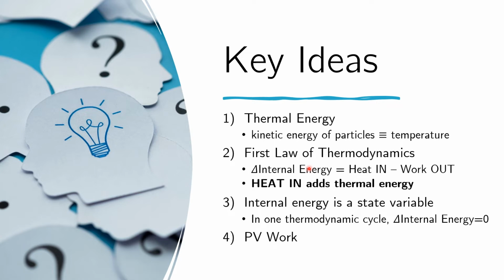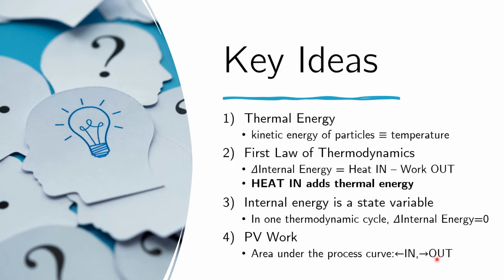And lastly, we'll have to think about PV work because we have a work term here, and that is known to be the area under the process curve. So if you have a process that goes from left to right, then that's a process where the system is doing work on the environment. So that's work out if it's from left to right.